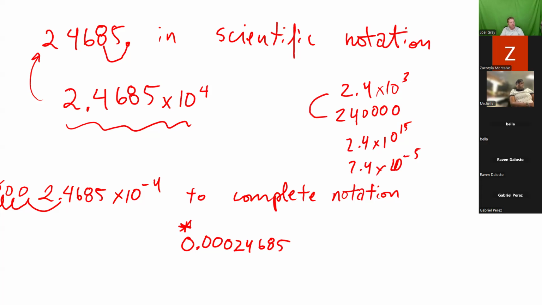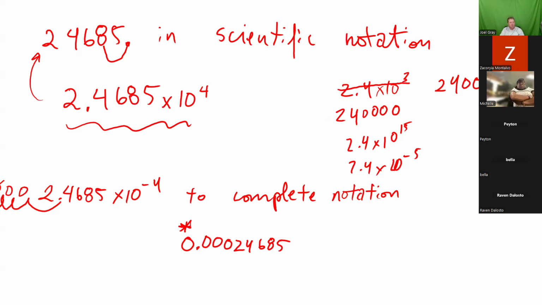I want to compare that to 2.4 times 10 to the third. I'd move this 3 places, so 2, 4, that would be 1 place, 2, and 3. 2,400. Okay, so now I can cross this out mentally. 2,400 is a smaller number than 240,000.